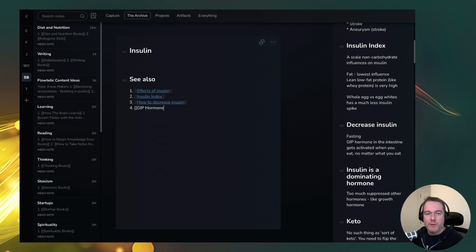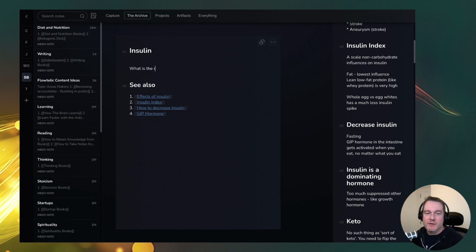Let's pull that into its own thing here, and we'll link into the GIP hormone. I don't know what that is, so I'll just put a note here.